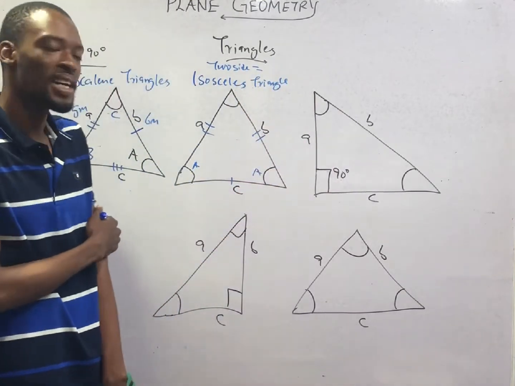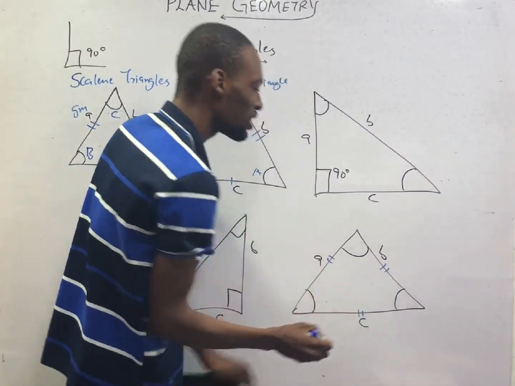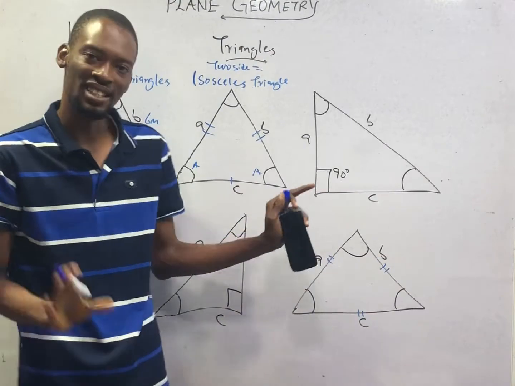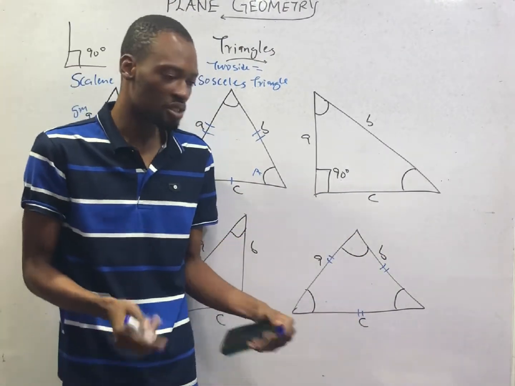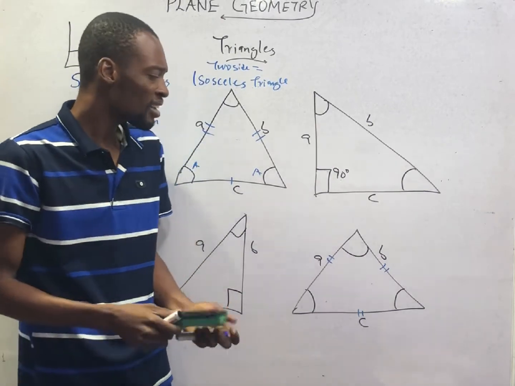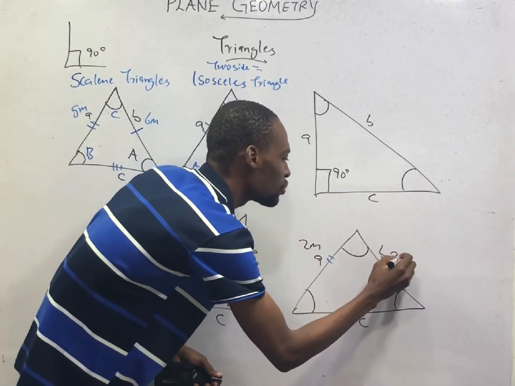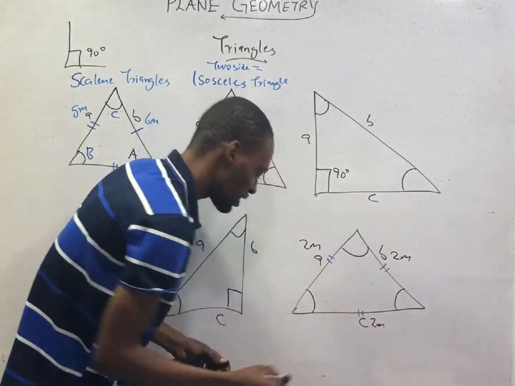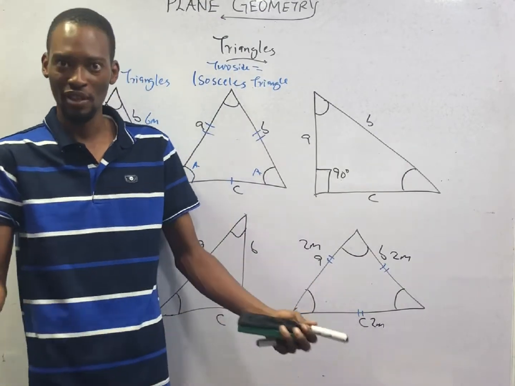Now, when you see a triangle with markings like this, which means the markings are the same, it can be 3 markings the same or one marking, any of the markings. So long as you have similar markings throughout, it simply means that the three sides and the three angles are equal. It means if here is 2 meters, here is 2 meters, and here is 2 meters. And if the sides are equal, the angles will also be equal.